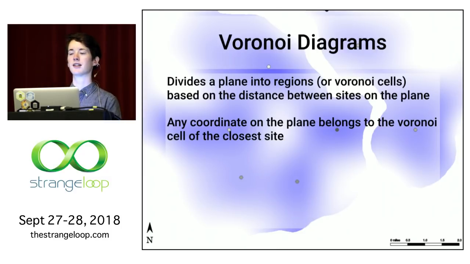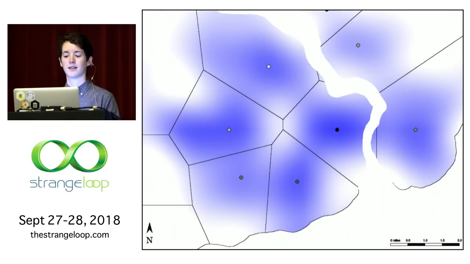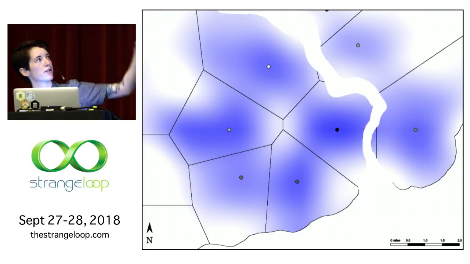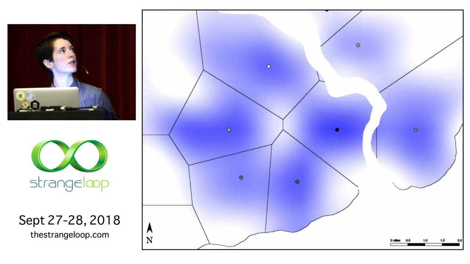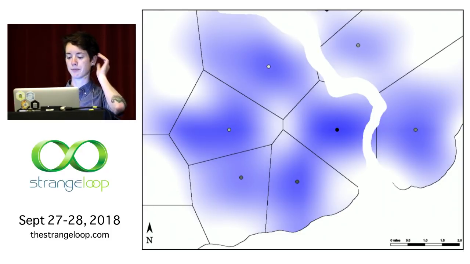So you can just look at all the sites, figure out which one's closest, you got it, that's your neighborhood, or that's your cell. So that's what I did. And now I've got these neighborhoods. There are local maxima that are off-screen because this map's a little wider than the presentation, which is why there are cells on the sides that don't look like they have sites on this map.